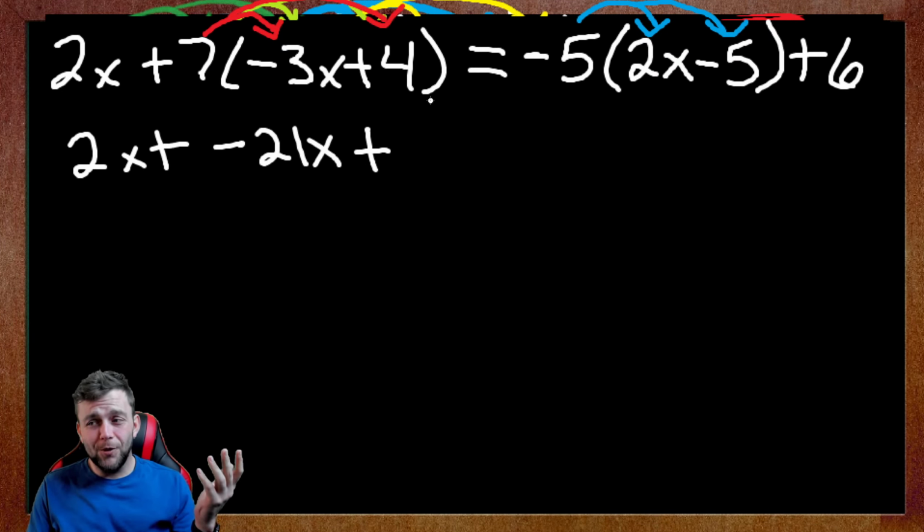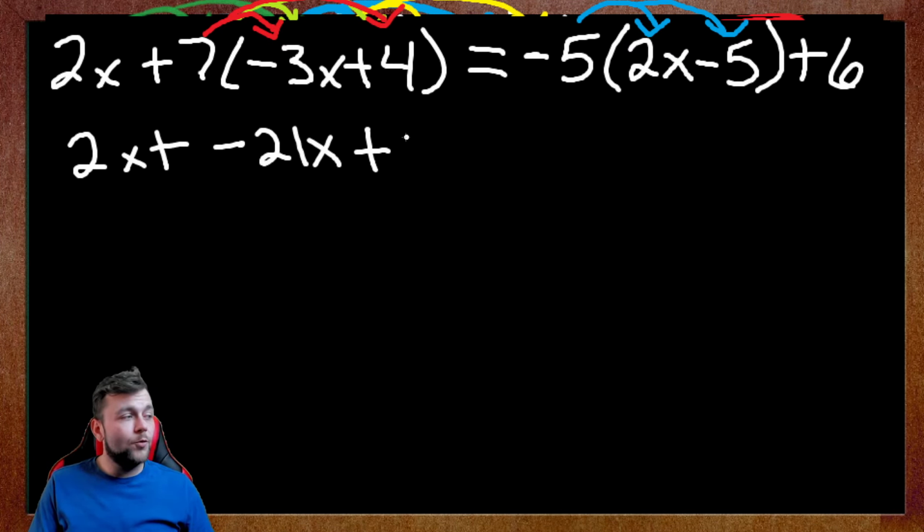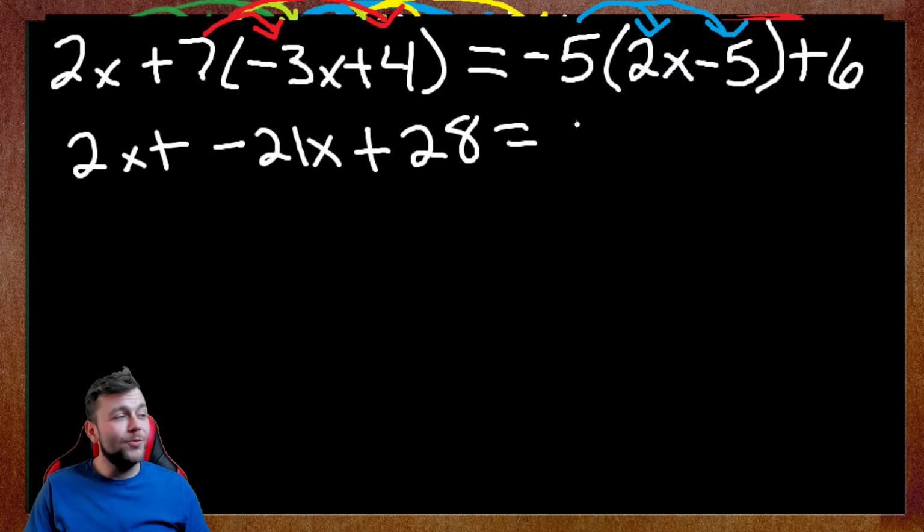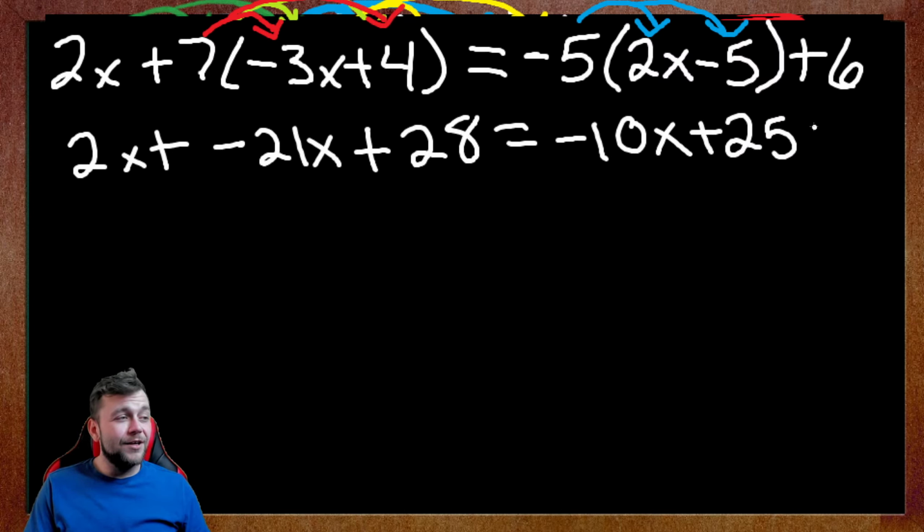What's 7 times 4? That is 28. Equals, negative 5 times 2, that is a negative 10x. Negative 5 times a negative 5, that is a positive 25 plus 6.